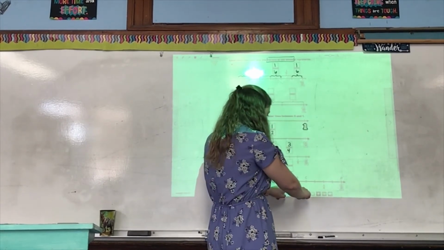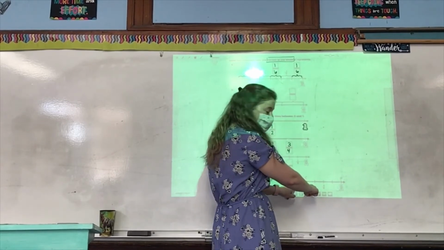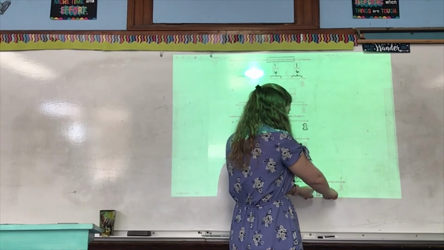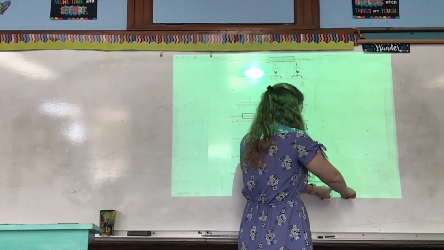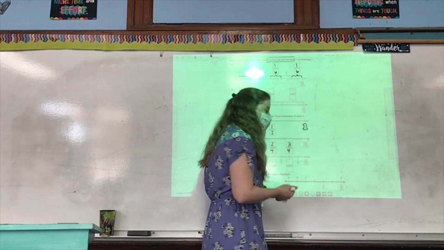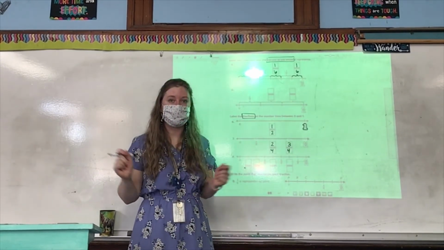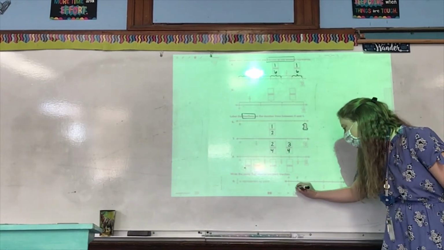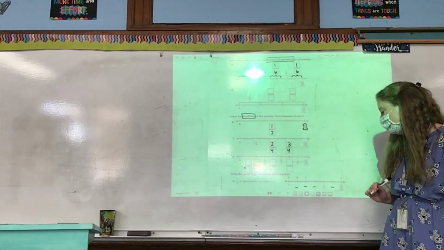That means 1 plus 1 is 2, plus 1 is 3, plus 1 is 4, plus 1 is 5, plus 1 is 6. So that means our whole number line is broken into how many pieces, class? 6. So that means the denominator for each of these fractions is what, class? 6.